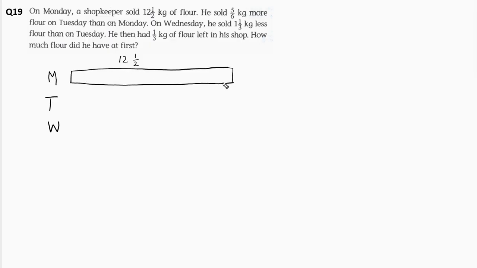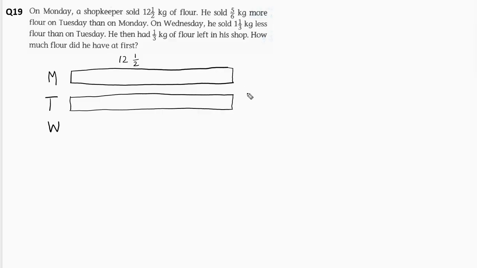That's this whole bar. And we're told that he sold 5/6 of a kilogram more flour on Tuesday than Monday. So on Tuesday, we have a bit that's the same. If I drew a bar like this, it would be the same as Monday, but Tuesday's not the same as Monday.